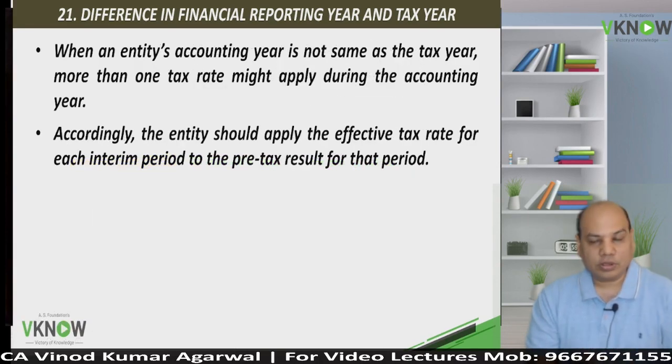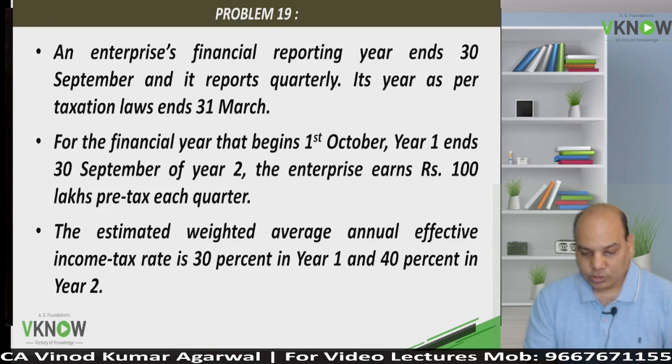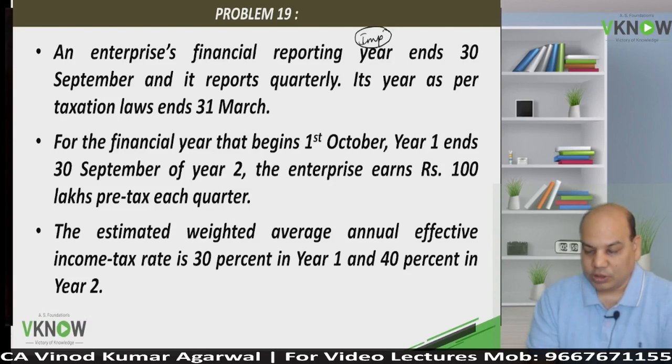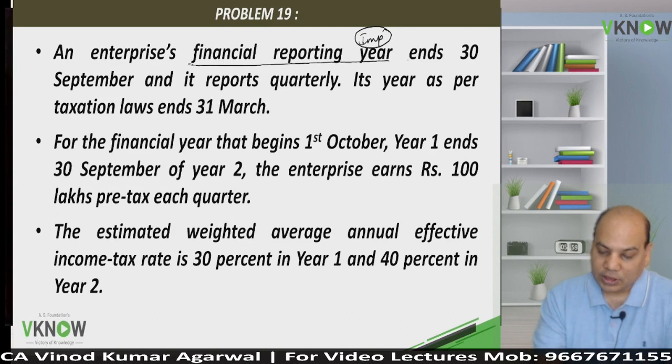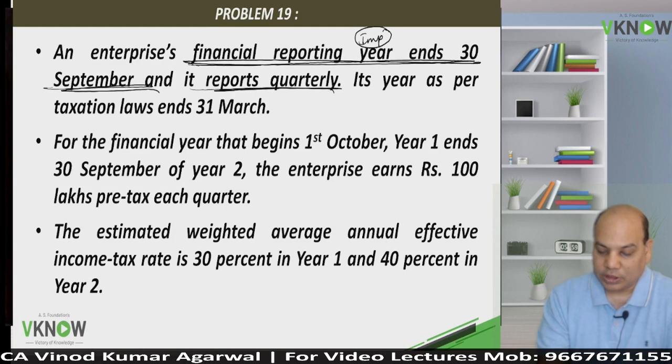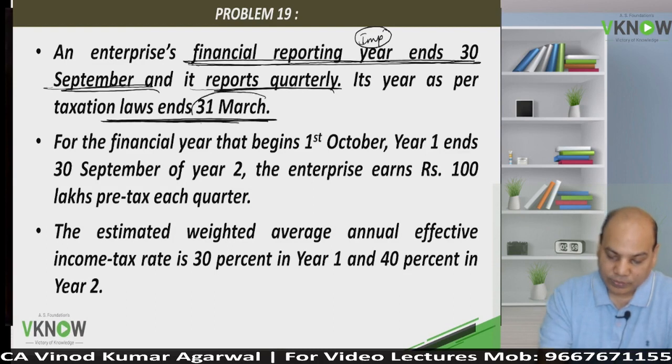You can read the note and now we'll take one question, number 19. Very easy question. 19 number important for exam purpose. I hope you have marked important. An enterprise financial year ends on 30th September, so underline financial year ending date is 30th September and it reports quarterly. But as per tax law, the year ends on 31st March.